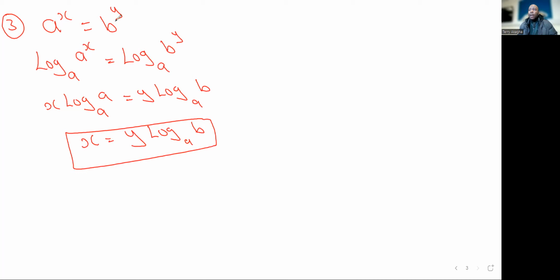Okay, so you can see, if, for instance, you are told to remove b, you want to make y subject of the formula, exactly the same thing you would do. So in this case now, if you want to make y subject, instead of that, you take log to base b of both sides. So it's going to become log to base b, a raised to the power x, will be equal to log to base b, b raised to the power y.